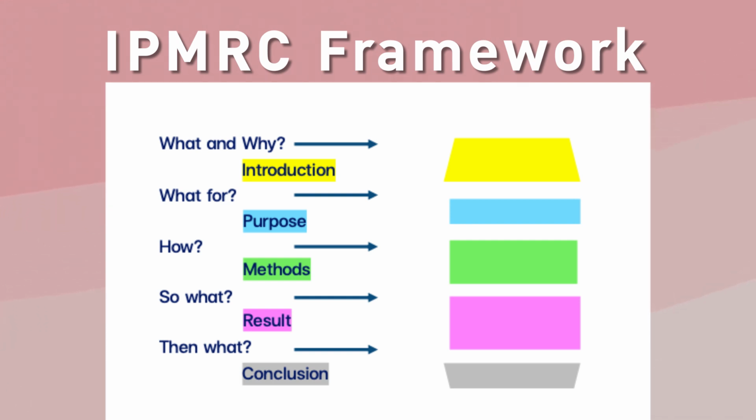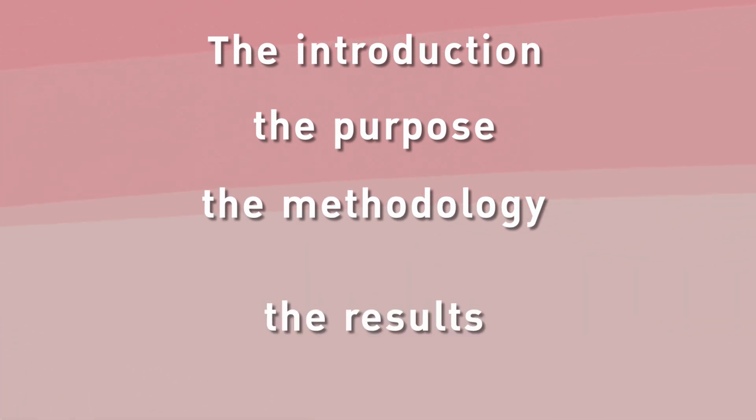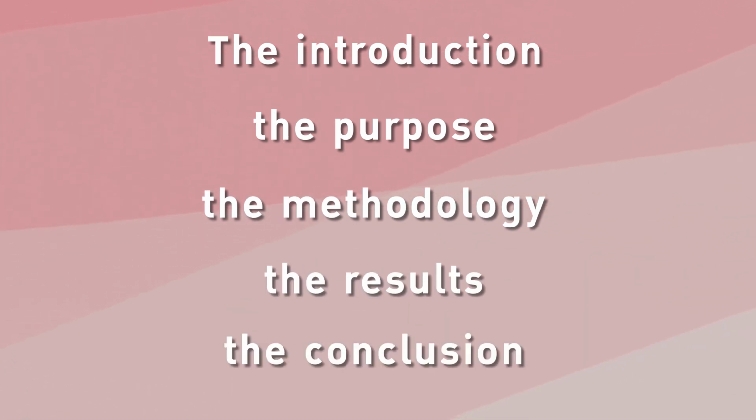An abstract is composed of different parts: the introduction, the purpose, the methodology, the results, and the conclusion. The readers are going to evaluate your paper by looking at the abstracts.